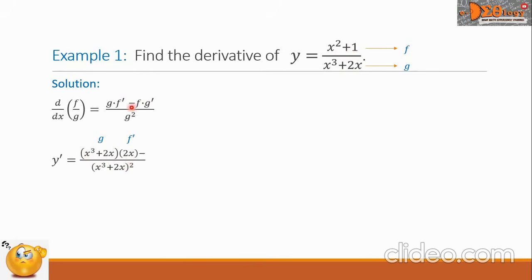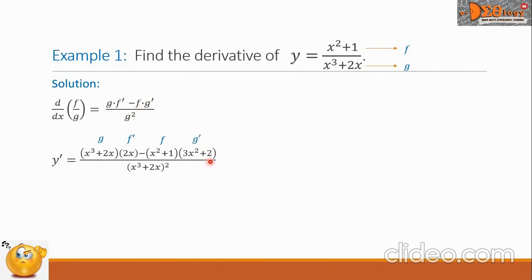Then minus, the second product is f times g prime. So we write here f, which is x squared plus 1, times g prime, the derivative of x cubed plus 2x. So we write here 3x squared plus 2.